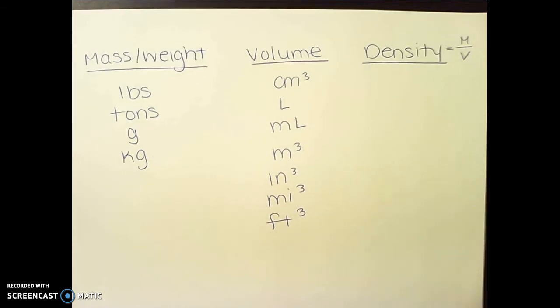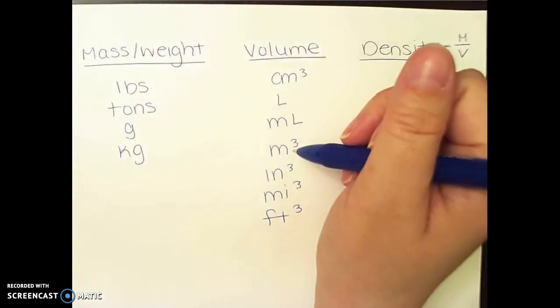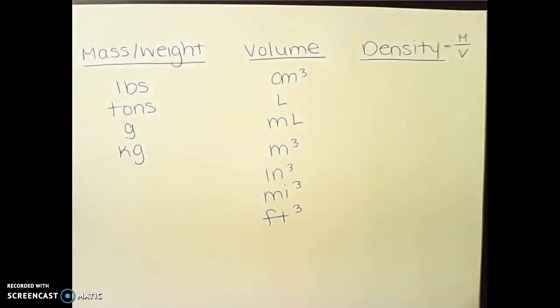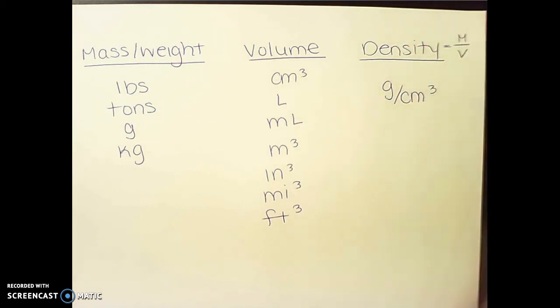So I want to make sure that you guys understand what density units look like. Density is equal to mass over volume. So what our density units look like are literally one of our units of mass over one of our units of volume, mass over volume. So for example, density could be grams over centimeters cubed.